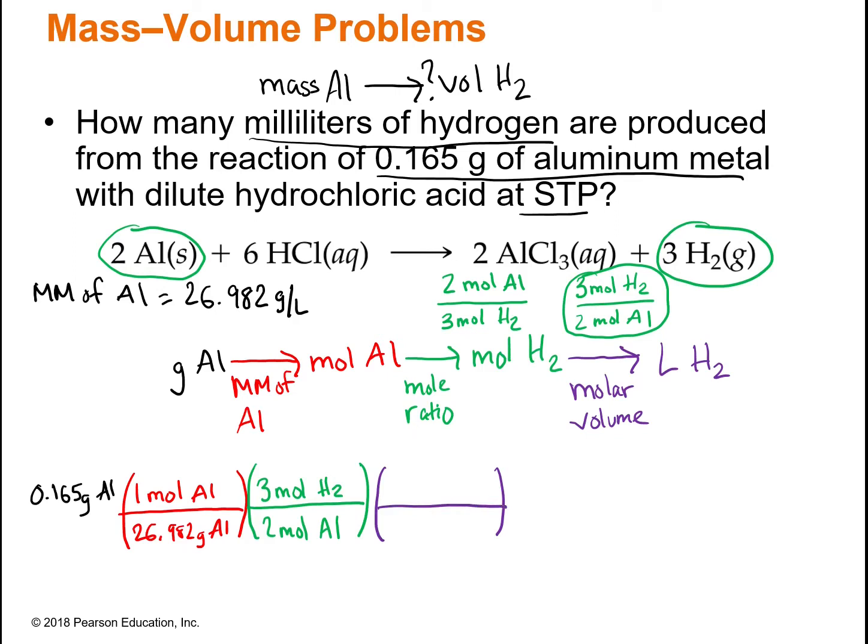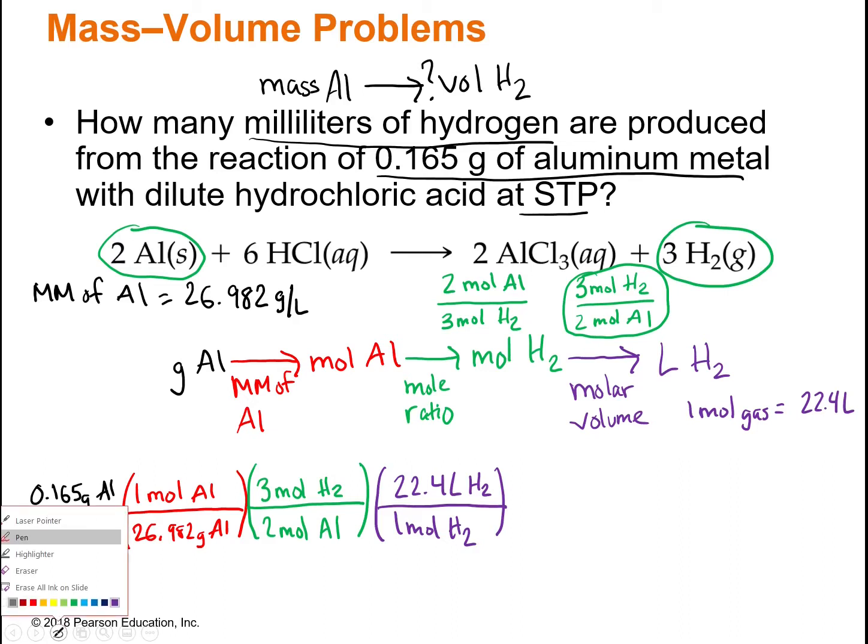The last part is molar volume. So remember, 1 mole of gas has a volume of 22.4 liters. Since we're trying to get to liters, we will put that in the top and moles of hydrogen gas in the bottom. Now this last part, which I'm putting in black, is how we convert from liters to milliliters.